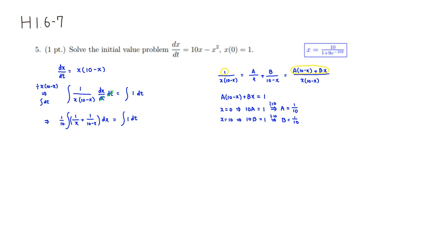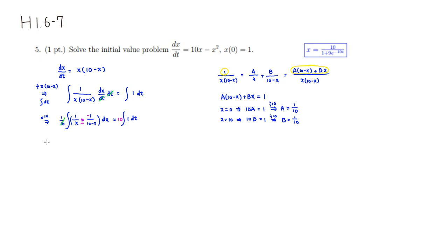Then I'm going to multiply both sides by 10 so that I can cancel that 1 over 10 out. Then you have a 10 in front. Then we can find the antiderivative, and actually one more thing. The derivative of 10 minus x is -1, so I would like to have a -1 here, and I'm going to turn it into a negative sign there so that it's exactly the same.